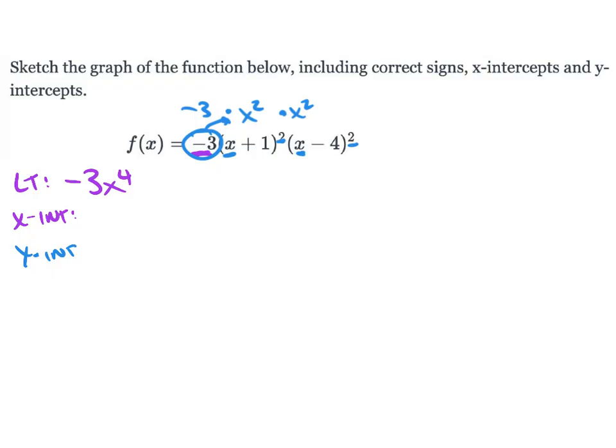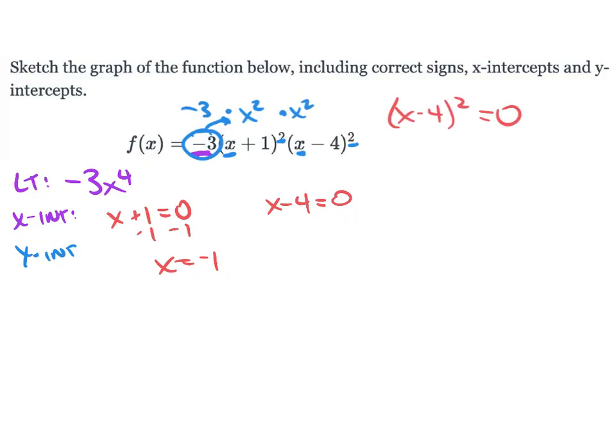Okay, so now our x-intercepts. We set x plus 1 equal to 0. Subtract 1 from both sides, and we get x equals negative 1. We set x minus 4 equal to 0. Okay, so I'm skipping a step here. Let me do this: x minus 4 quantity squared equals 0. To get rid of a square, you take the square root.